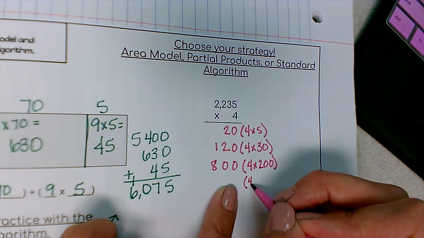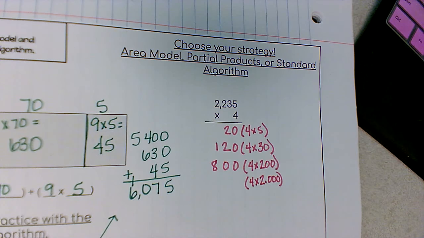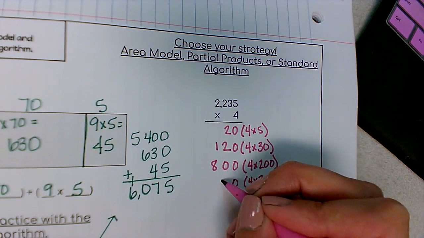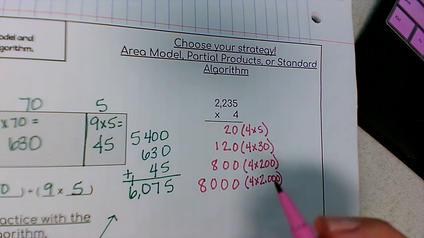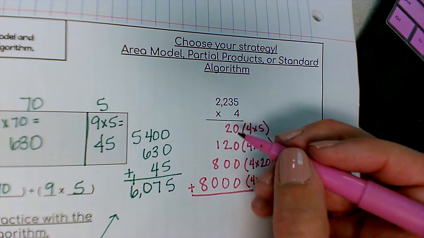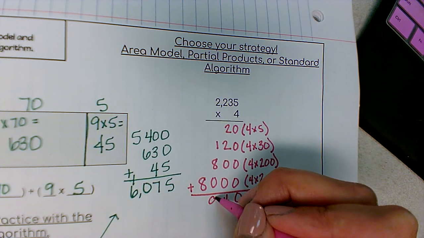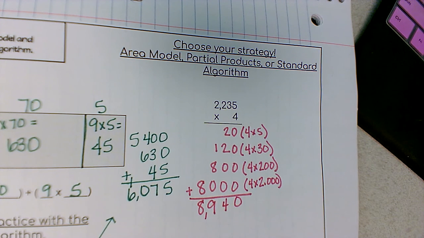And then my last step is 4 times 2,000. 4 times 2,000, I see 3 extra zeros, 1, 2, 3. 4 times 2 is 8. Now I'm ready to add all of my partial products. In my ones, I have a 0, 4, 9, and 8. So my answer was 8,940.